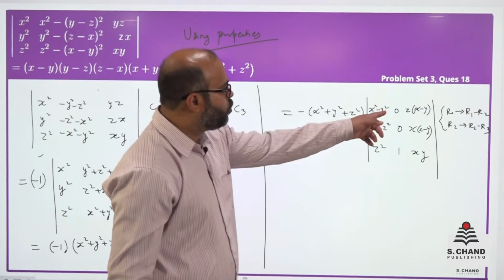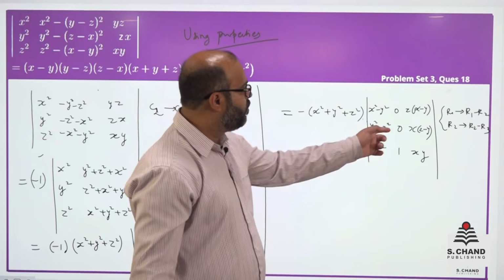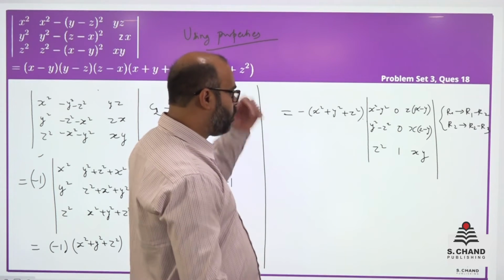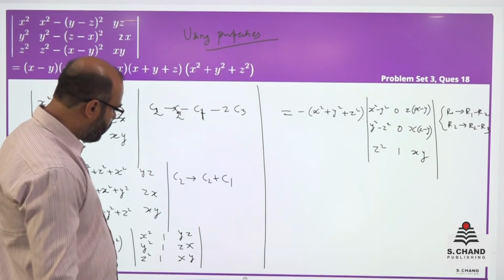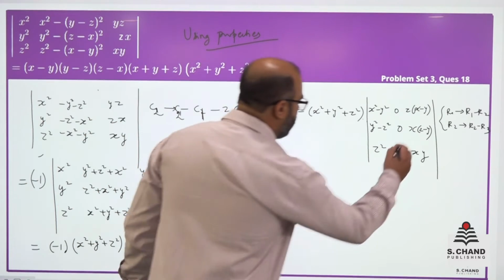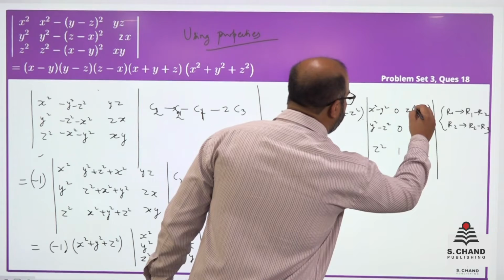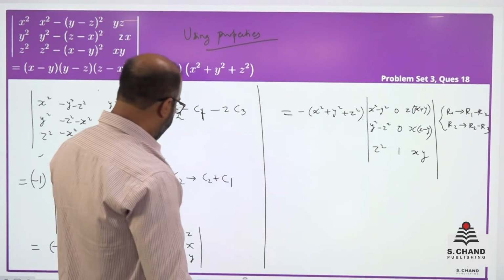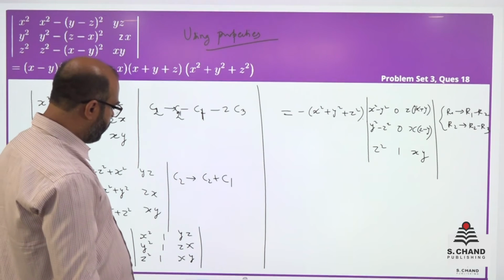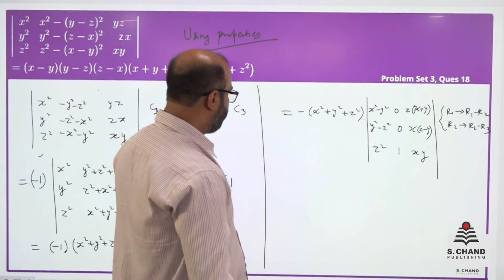Now from the first row x minus y will come outside. From the second row y minus z will come outside. It is y minus x. Sorry. It is y minus x. So, and here it is z minus y. Right.